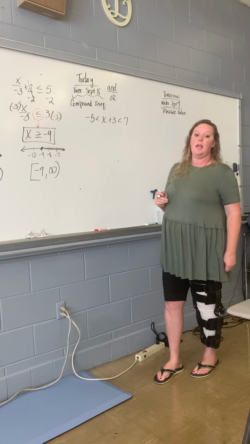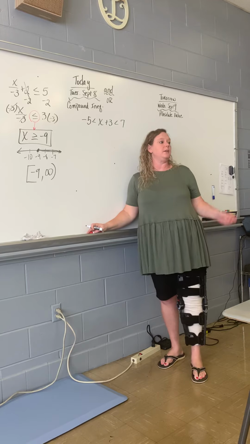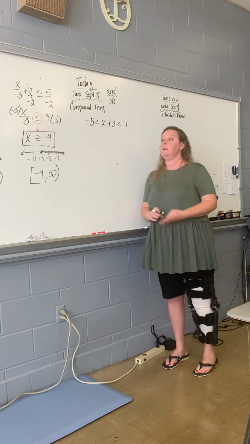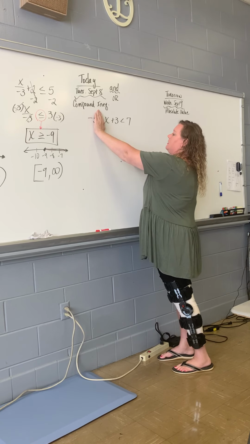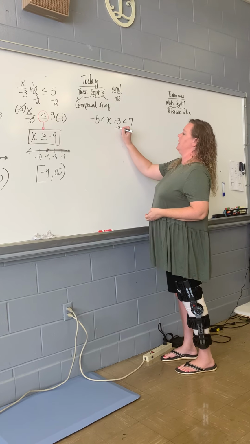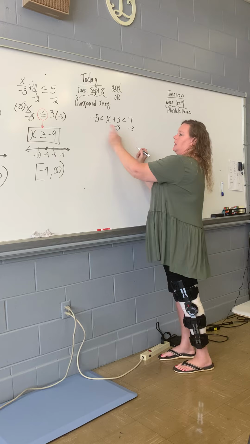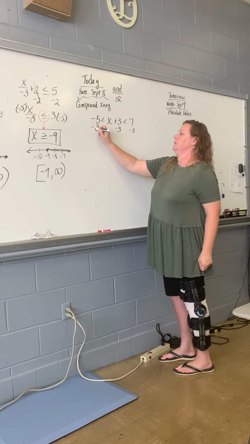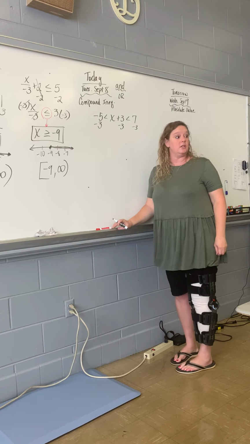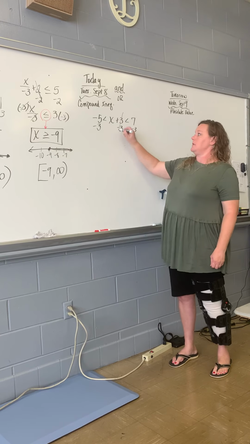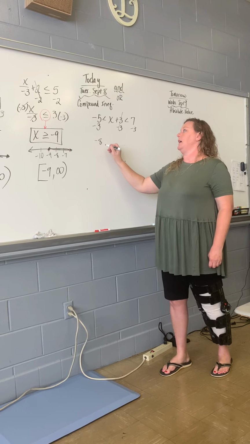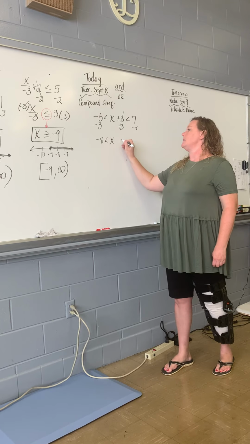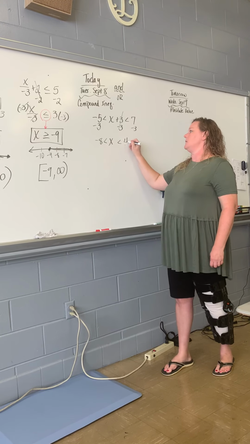I'm going to solve this just like I would an equation or an inequality. How do I get rid of a plus 3? I do a minus 3 here and here, and also over here too. You just have 3 places to do it. It cancels out here, so a -5 and a -3 add to be a -8 is less than x is less than 7 minus 3, which is 4.